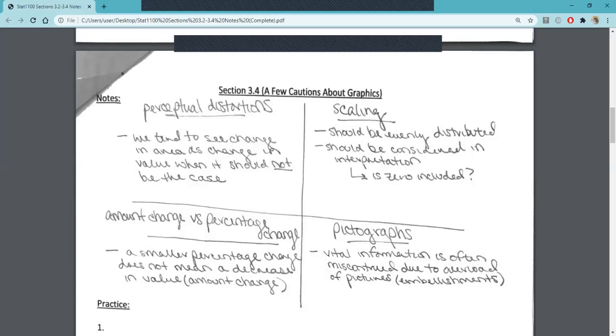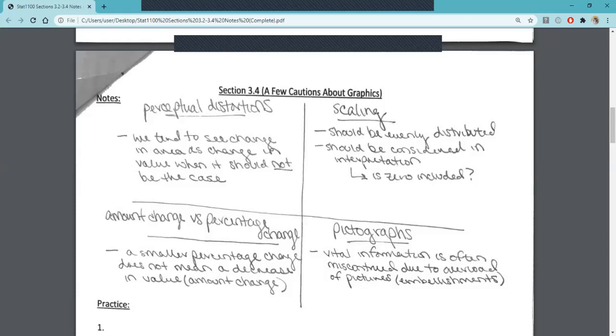With amount change and percentage change, we need to make sure that we're looking at the scales of a graph. So it might look like something is decreasing, but the value may not actually be decreasing. It might just be less of an increase. So it's important to always look at what's happening as far as our scaling on the left.